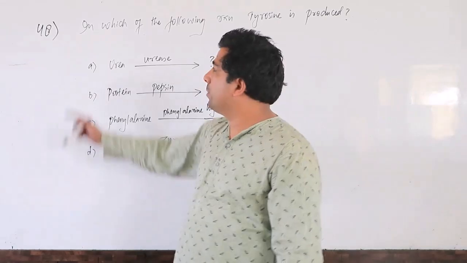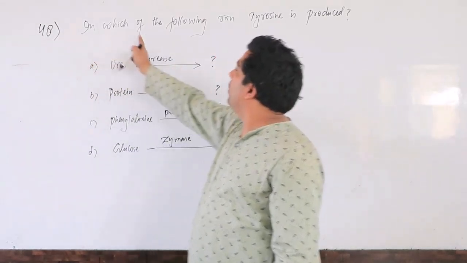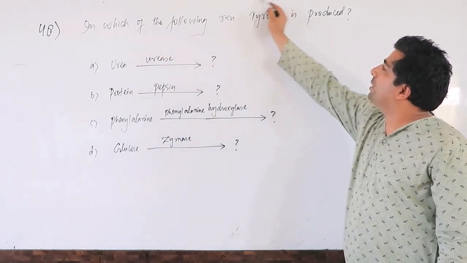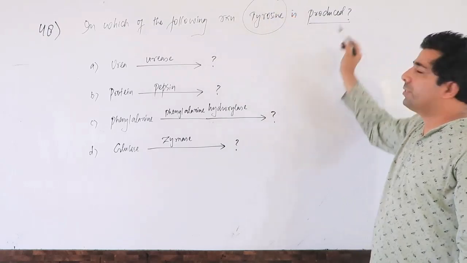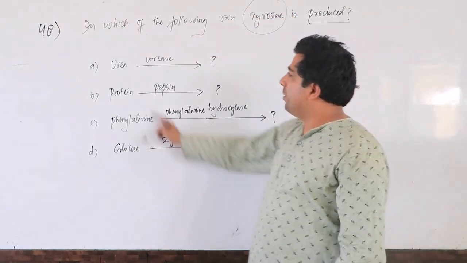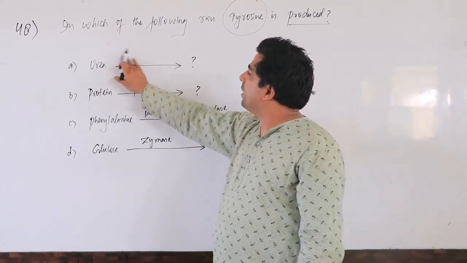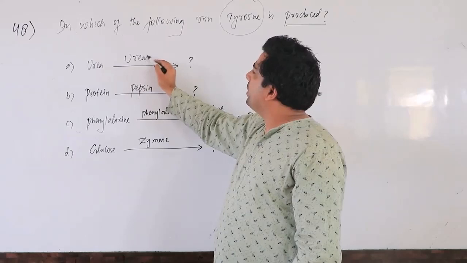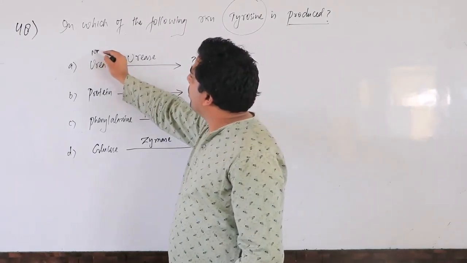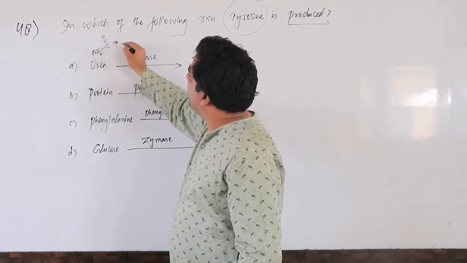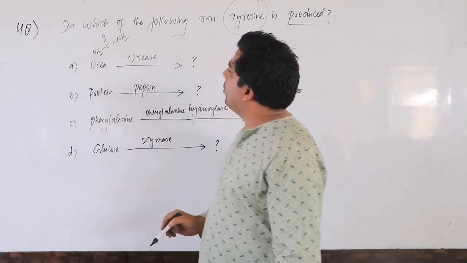Dear friends, let's look at question number 48. In which of the following reactions is the amino acid tyrosine produced? So if you look at the first one, urea in presence of urease enzyme. So urease enzyme will convert your urea. Urea is NH2, C double bond O, NH2. It will give me 2 things actually.